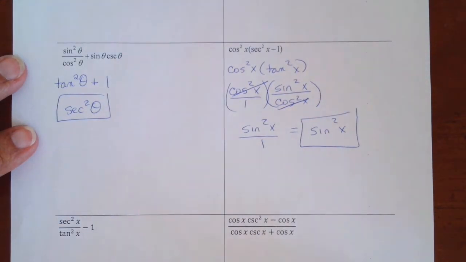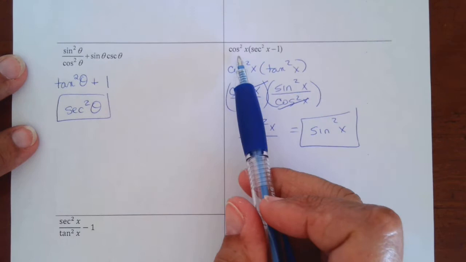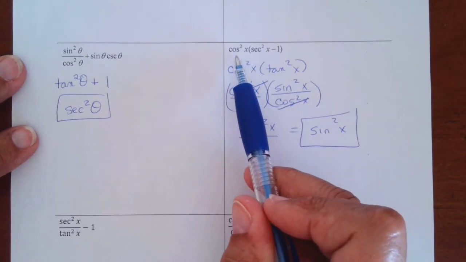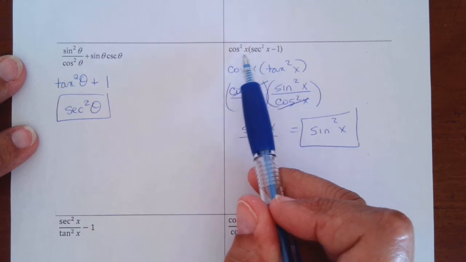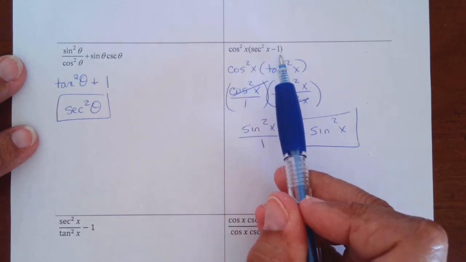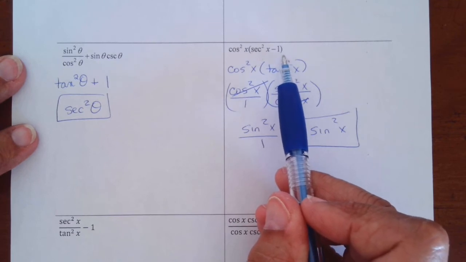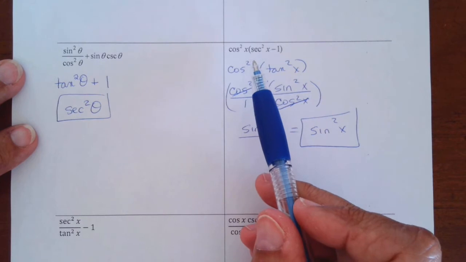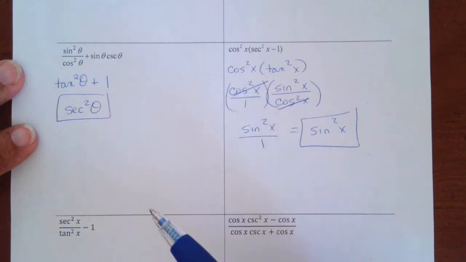Okay? So again, there's more than one way to look at this. Some of you might, if I wasn't doing this with you, have distributed. You might have done cosine squared times secant squared, which would be 1, and then cosine squared times 1, which is minus cosine squared. Then you could have gotten that to equal sine squared by that Pythagorean identity. So there's always more than one way to solve these.